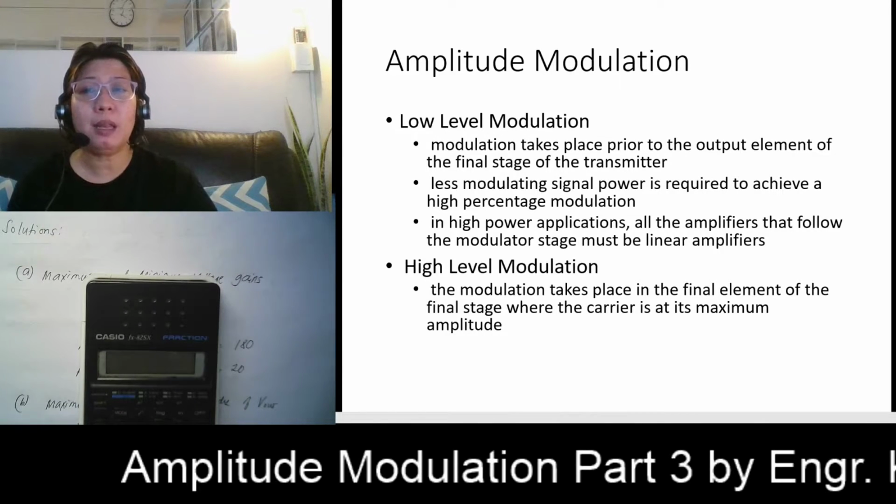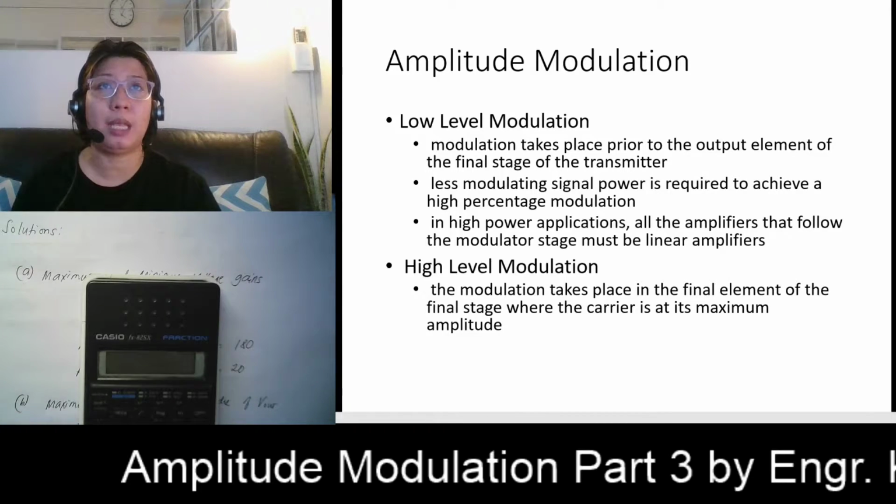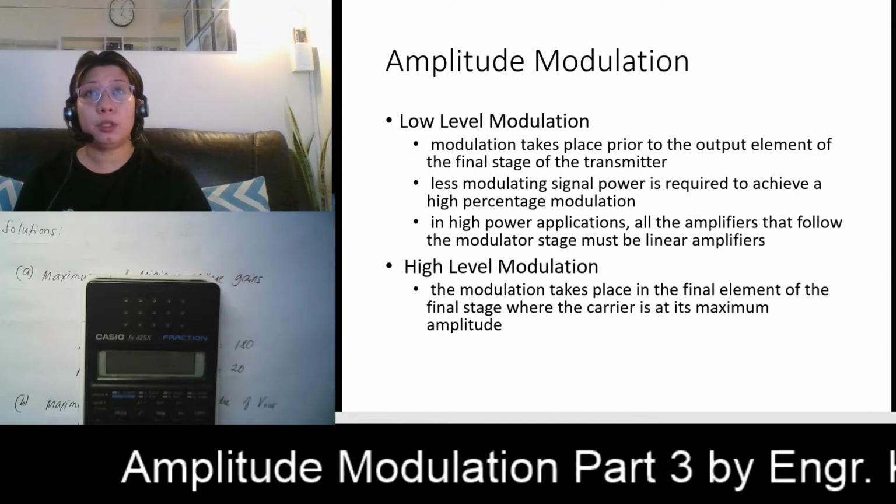In low level modulation, we need less modulating signal. Less modulating signal power is required to achieve a high percentage modulation. If you still remember, our highest percentage modulation is 100%. This is one advantage of low level modulation.